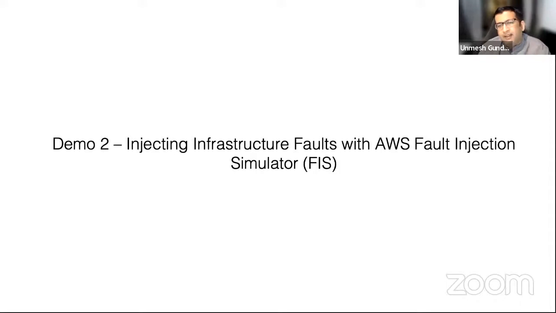So again, I'm using AWS Fault Injection Simulator within the AWS environment. But there are other tools like Gremlin or others that can also support that. FIS, if you're on AWS cloud and using that for your application, can be a handy tool for you.